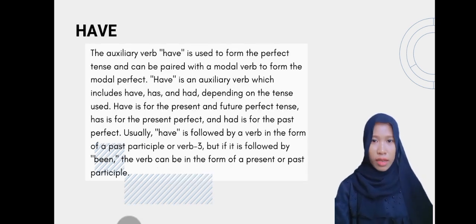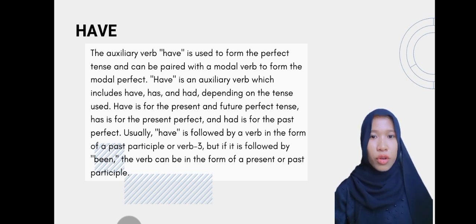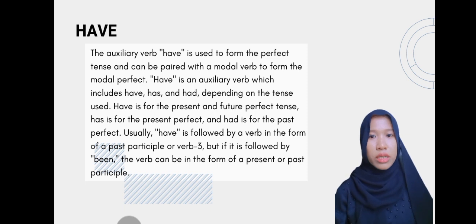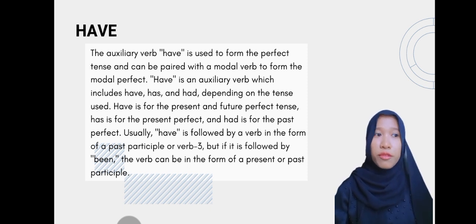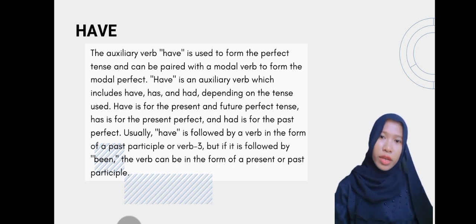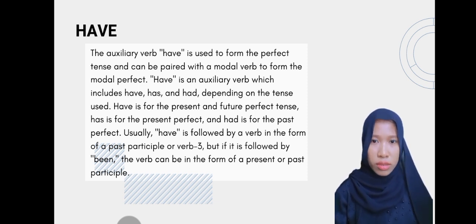For the last, have. The auxiliary verb have is used to form the perfect tense and can be paired with a modal verb to form the modal perfect. Have is an auxiliary verb which includes have, has, and had depending on the tense used. Have is for the present and future perfect tense.